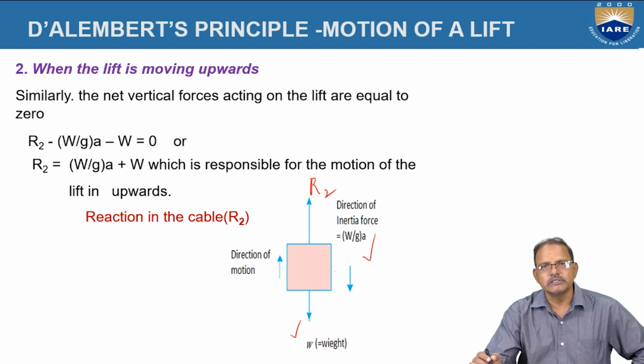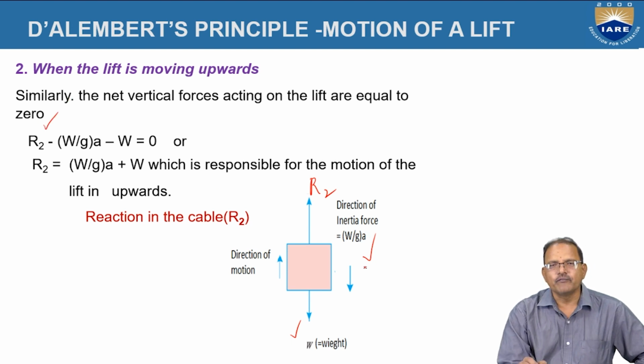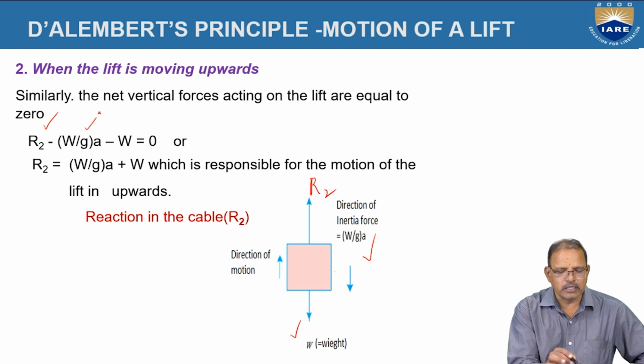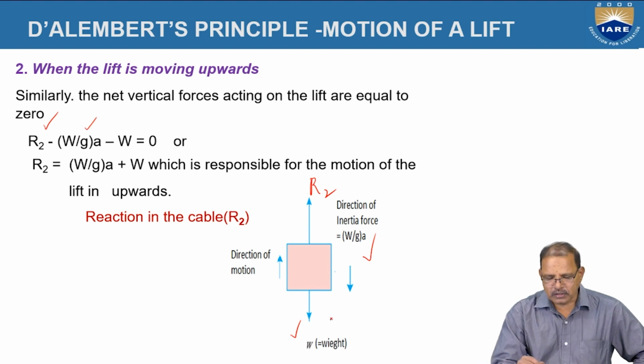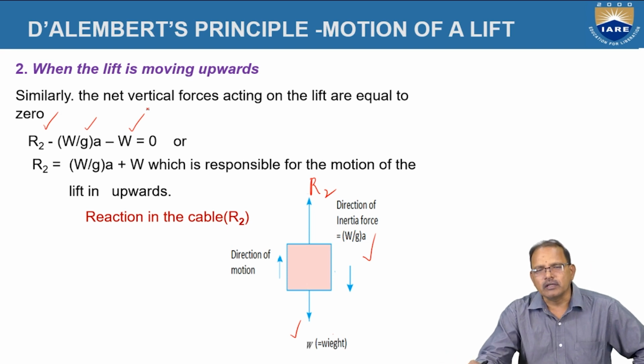Applying D'Alembert's principle, R2 is positive because it is upward, the inertia force acts downward so it is minus W by g into A, and the weight also acts downward so it is negative. The sum should be in equilibrium.